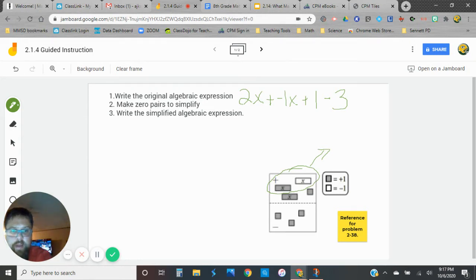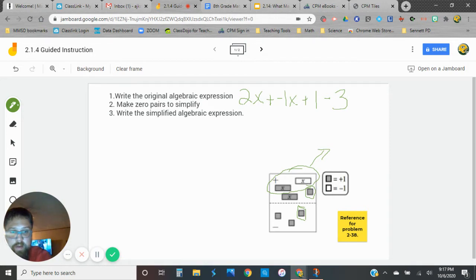For now, what I like to do is actually think about what each tile is. So this right here is a positive tile living in the positive area. So that's positive 1 right there. If you think about this tile right here, although it looks like it's positive, you have to remember where it's living. It lives in the negative area. So that's actually negative 1 that I just circled.